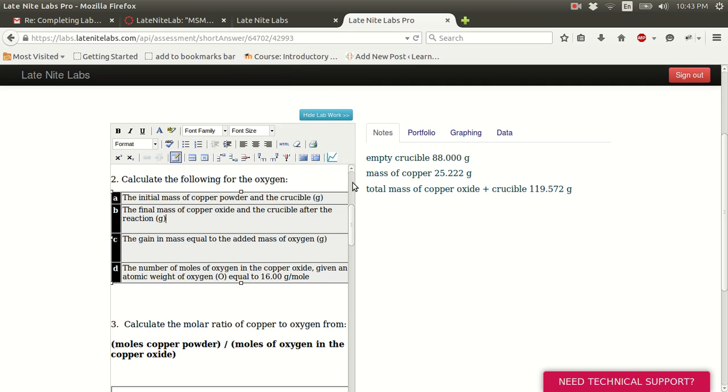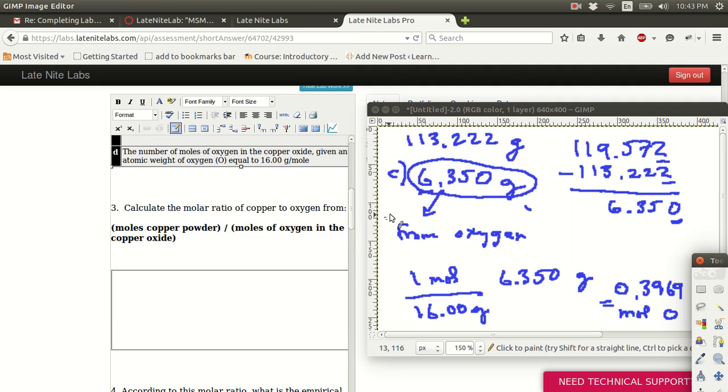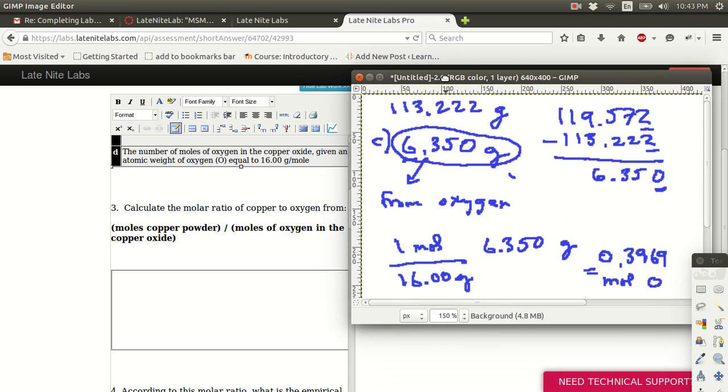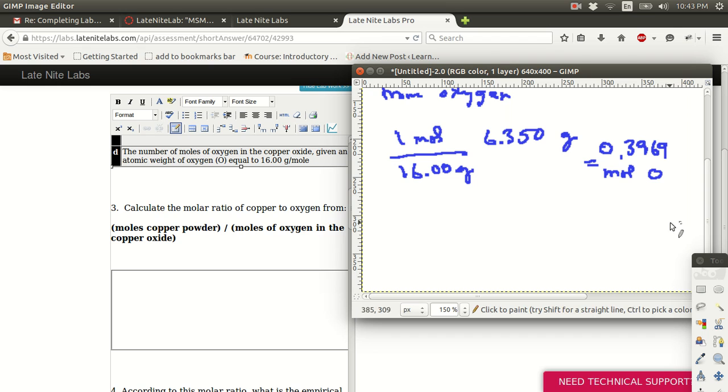Go down here, and I'm going to calculate the mole ratio. I'm going to do the moles of copper powder divided by the moles of oxygen in copper oxide. So what does that mean? That means the following. Can I scroll down on the notepad? Yes, I can. Okay, so moles of copper powder. How many moles did I have? Remember, I had 0.3969 moles of copper powder. All right, and divide that by moles of oxygen.